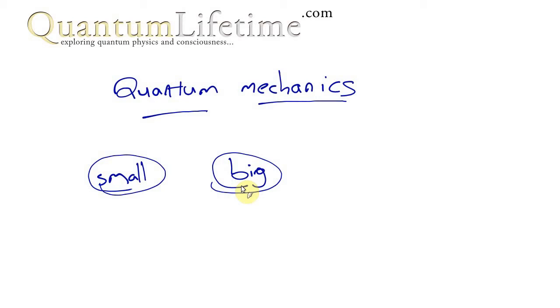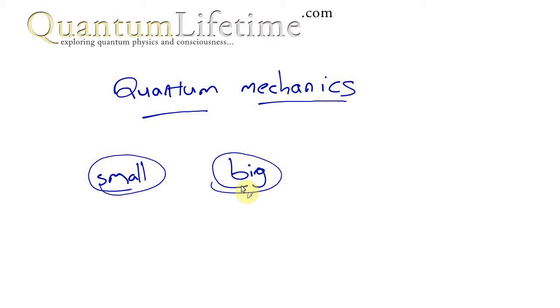When we're not looking at them, at least according to a standard interpretation of quantum mechanics, they don't have a position. So things that are very tiny don't seem to have a position or any kind of state at all until we do an experiment that forces them to have some kind of state. And that doesn't seem to be the situation in the macroscopic world, the world of normal sized things.